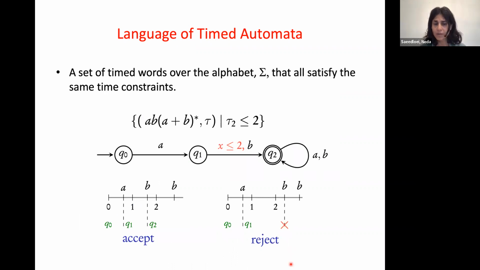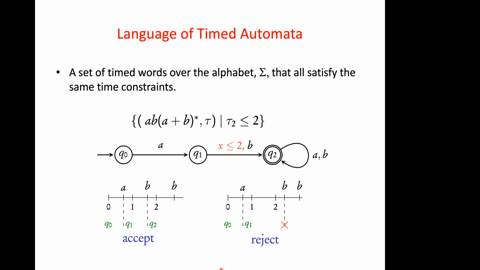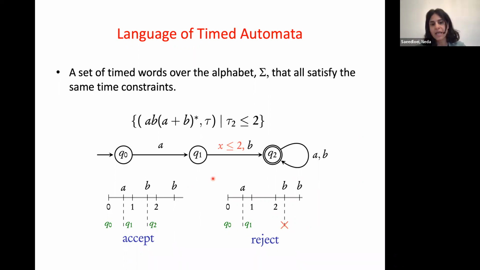A set of timed words over the alphabet sigma that all satisfy the same time constraints essentially generates the language of an automaton. For example, here we have this timed automaton and the language is A followed by B followed by zero or more A or B, as long as the time difference between the first B and the first A is less than or equal to 2.